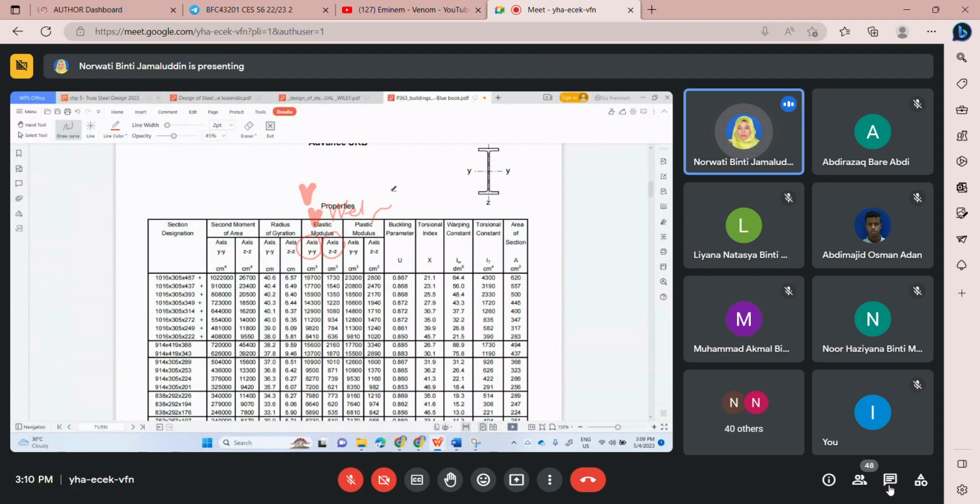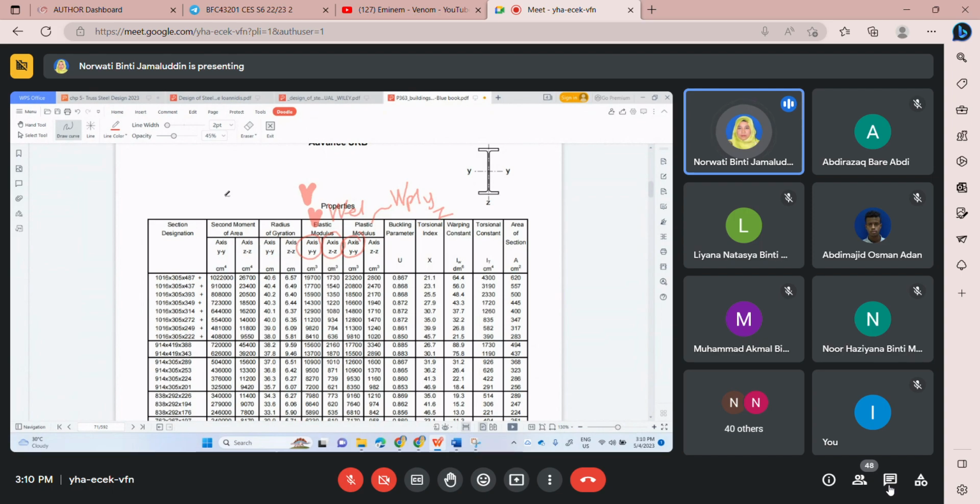Plastic modulus is represented by W, PL, plastic. See, W is modulus, PL means plastic. I could put Y to represent the plastic modulus for the Y axis, or I can put Z to represent the plastic modulus at the Z axis.